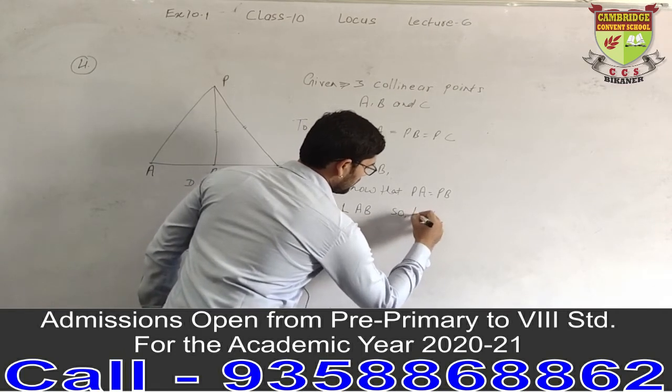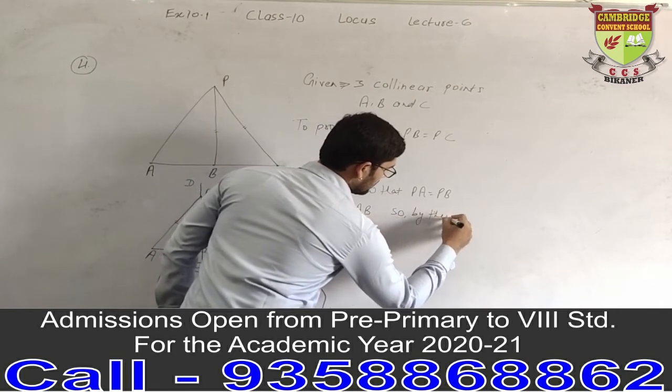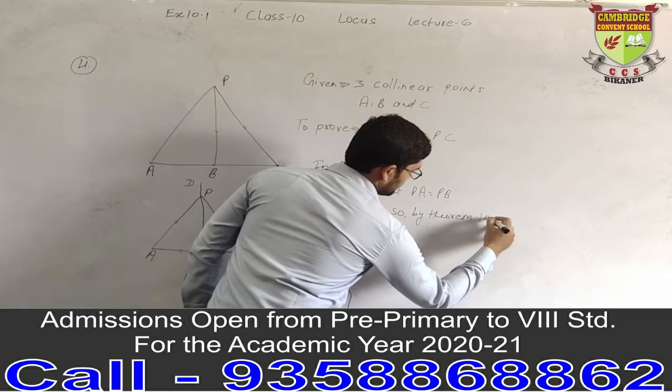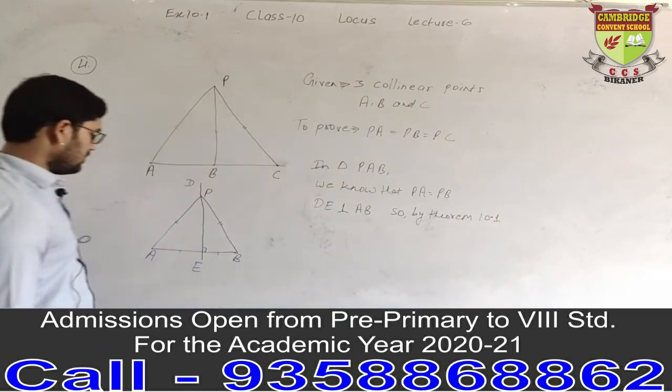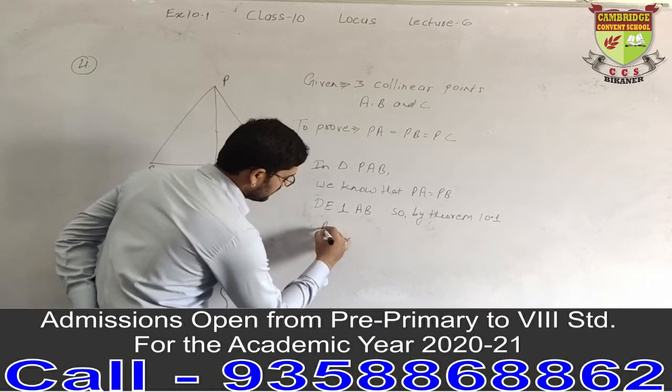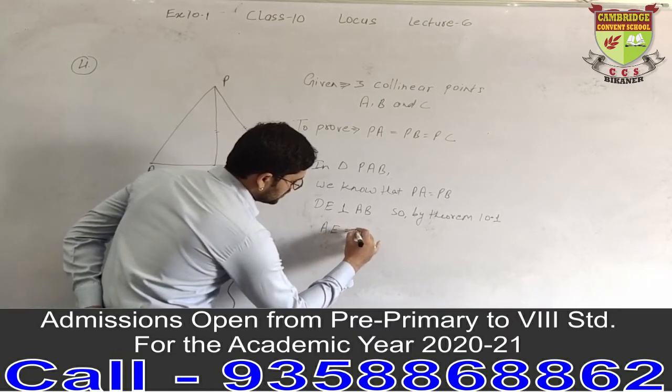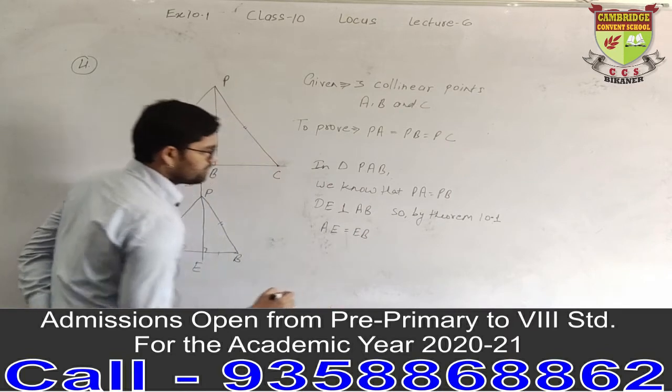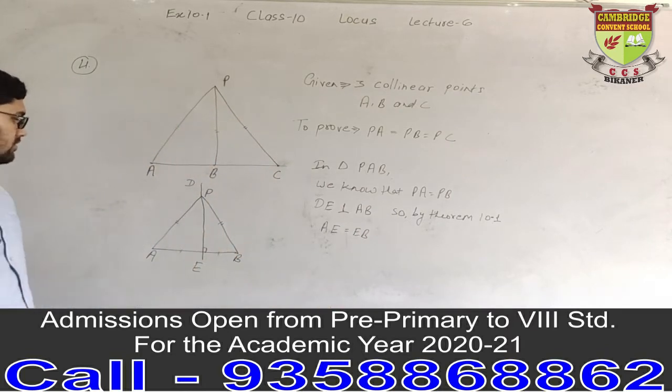So by theorem 10.1, AE is equal to EB. The first part is solved now.